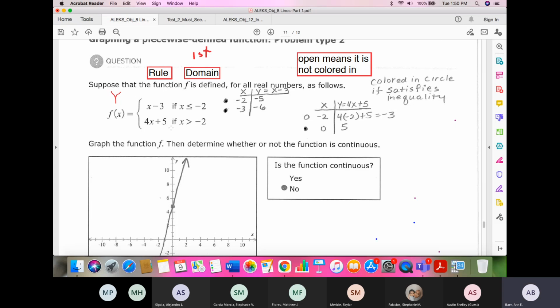And here, you want to choose another number besides -2. And there's a reason why we've got a circle there. We'll talk about that in a moment. We want a number which is bigger than -2. The logical one would be 0. Very easy to work with.